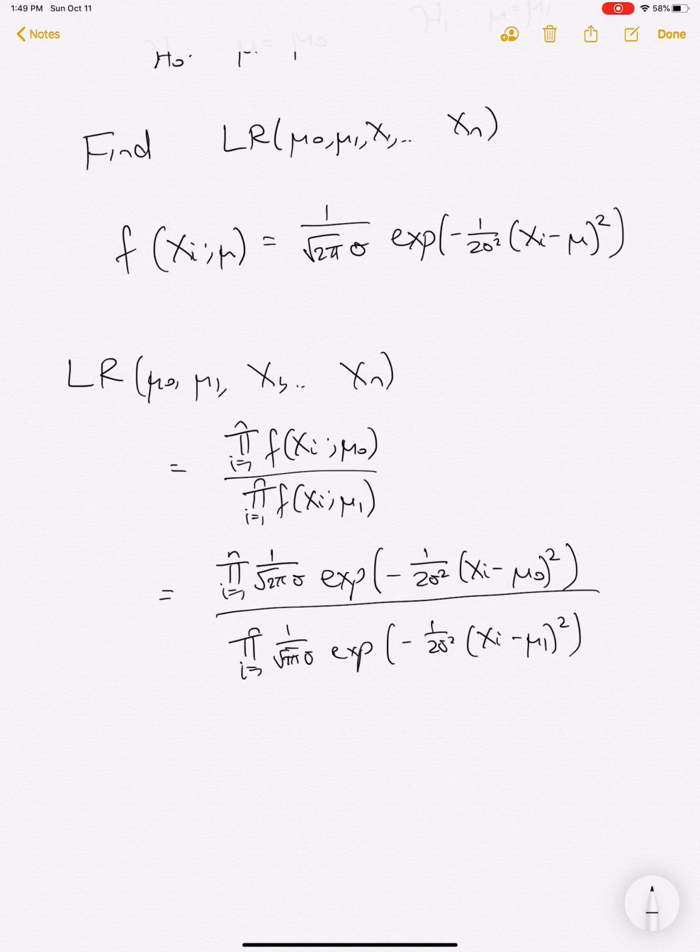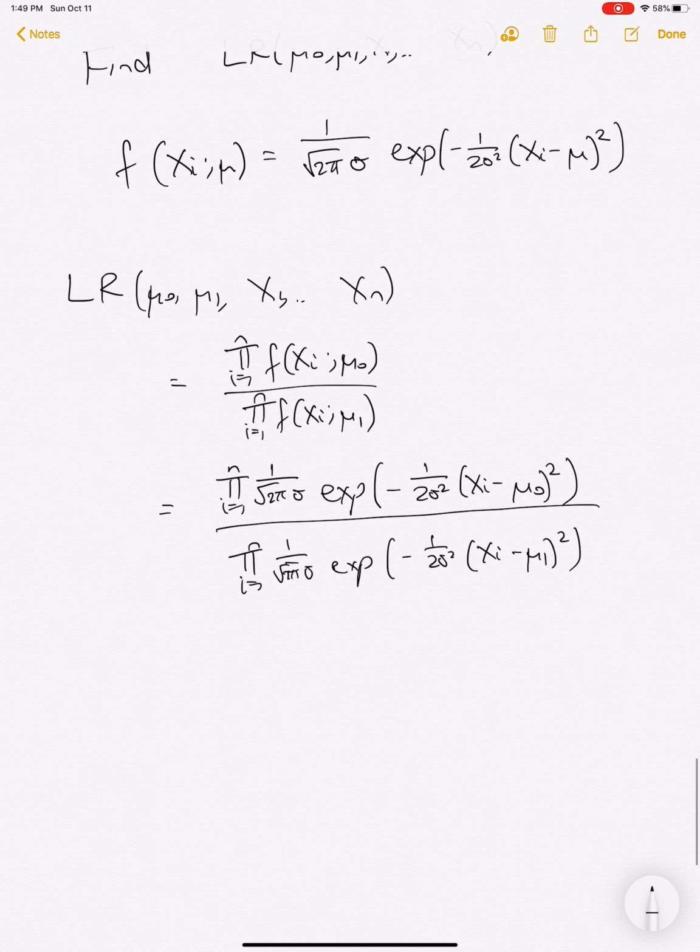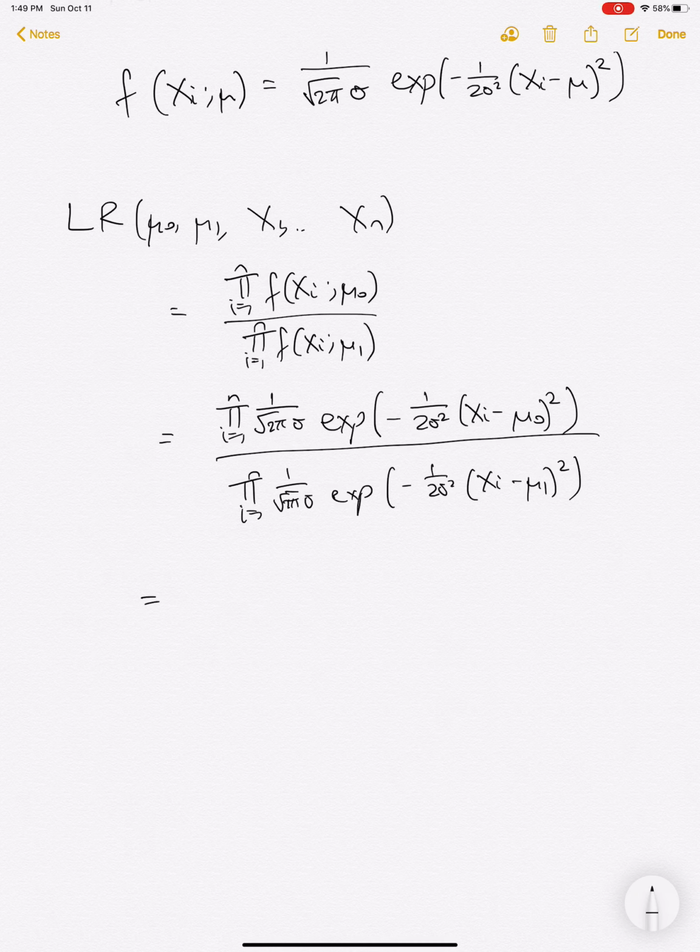Okay, and so just like in the case of maximum likelihood, a lot of nice things happen here that make our calculation look a lot simpler. You're going to get cancellations here because they're ratios, and the product of exponentials is the exponential of the sum, and the quotient of exponentials is the exponential of the difference.